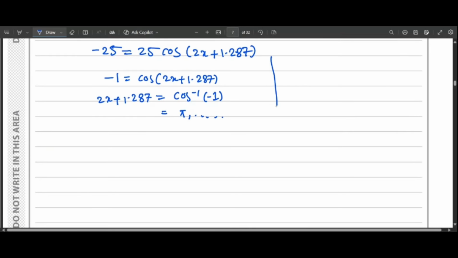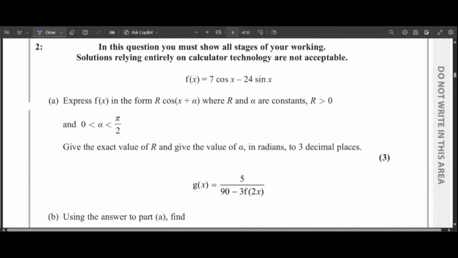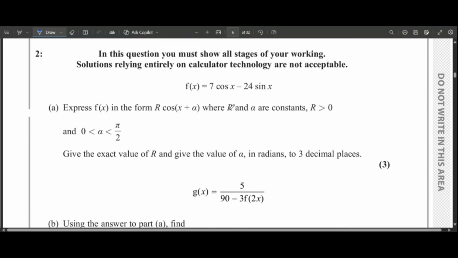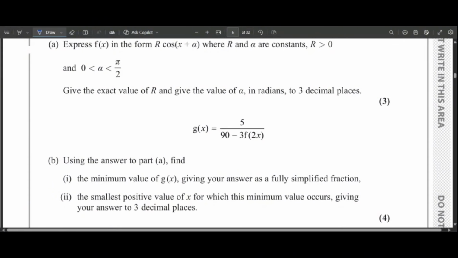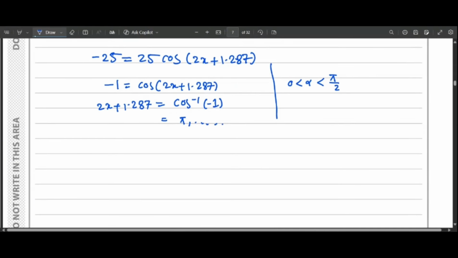From part A we knew that the range for alpha is from 0 to pi by 2. If we look at the information about the period, no information is given, so we can discard this.